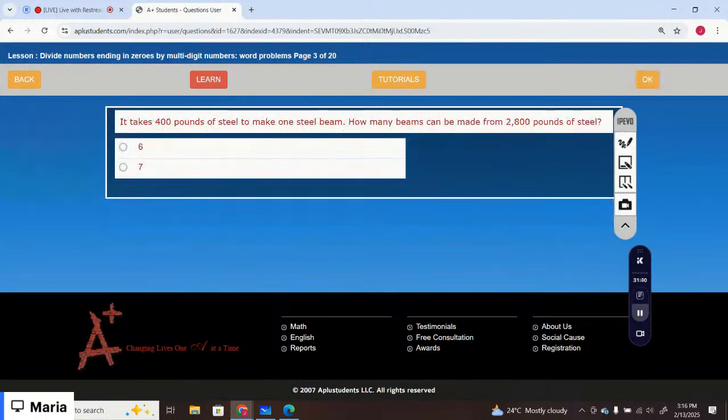It takes 400 pounds of steel to make one steel beam. How many beams can be made from 2,800 pounds of steel?